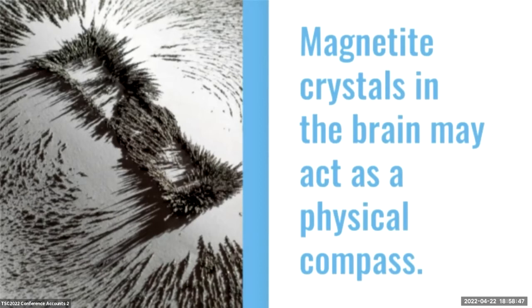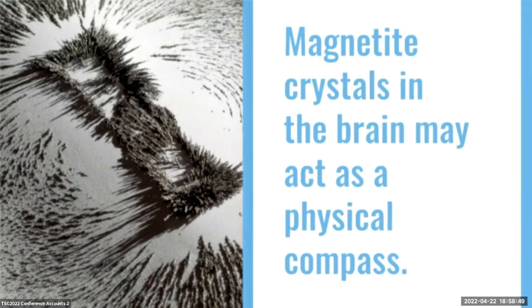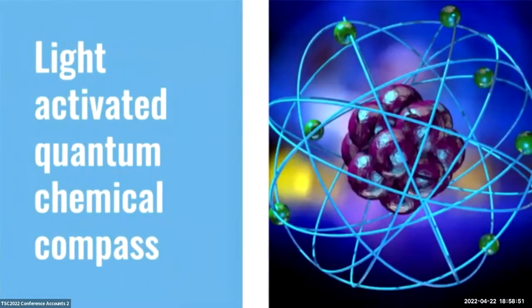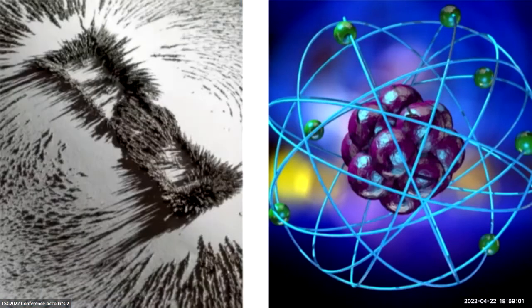These crystals act like a physical compass. The quantum mechanism is a chemical compass where light activates a chemical reaction that is sensitive to directional changes in an external magnetic field. An analogy for how these two mechanisms might work together could be drawn from how we sense the sun.